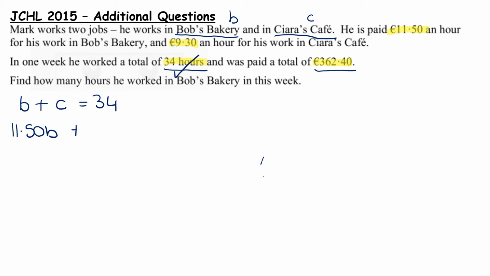In Kira's Cafe, he's going to earn $9.30 for each hour, and he worked C hours, so it's 9.30 by C, or just 9.30C, and that gives a total of 362.40. Now, these equations are not the lovely equations that we have seen in the ordinary level questions. We have some decimals there. It's a little bit trickier.